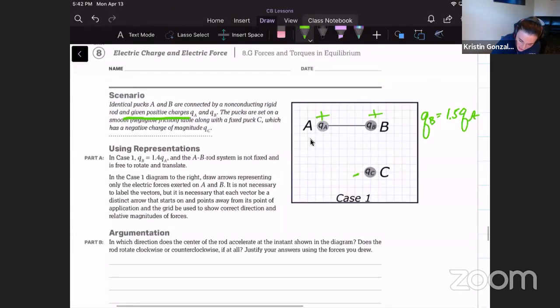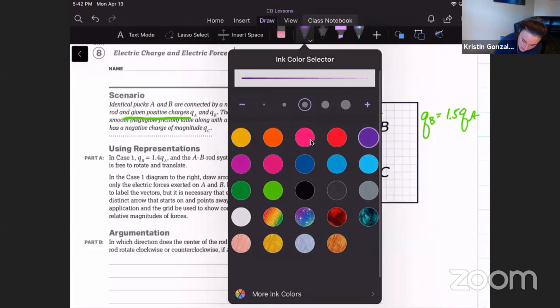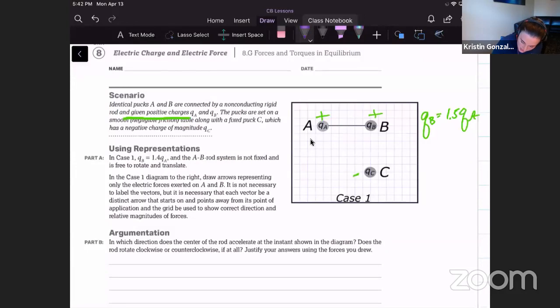If we look at A, how many different charges are interacting with it? There are two interactions here. We have the interaction between A and B, which, if these are both positively charged, would give us an electrostatic force to the left. And it's also interacting with charge C, so there'd be an attraction. But we want to look at how far apart they are.